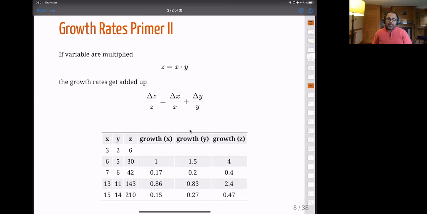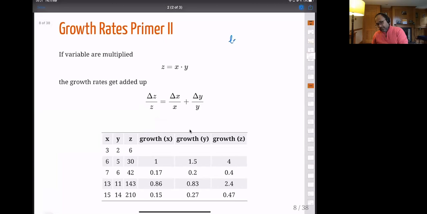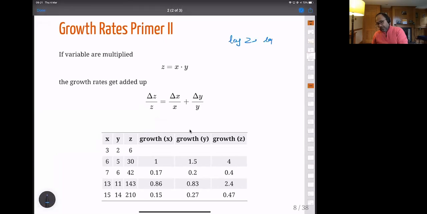So if you're slightly mathematically inclined, all you have to do is log of z is log of x plus log of y, and then you differentiate: d log of z by dt is d log of x by dt plus d log of y by dt, and you get growth rate of z is growth rate of x plus growth rate of y.